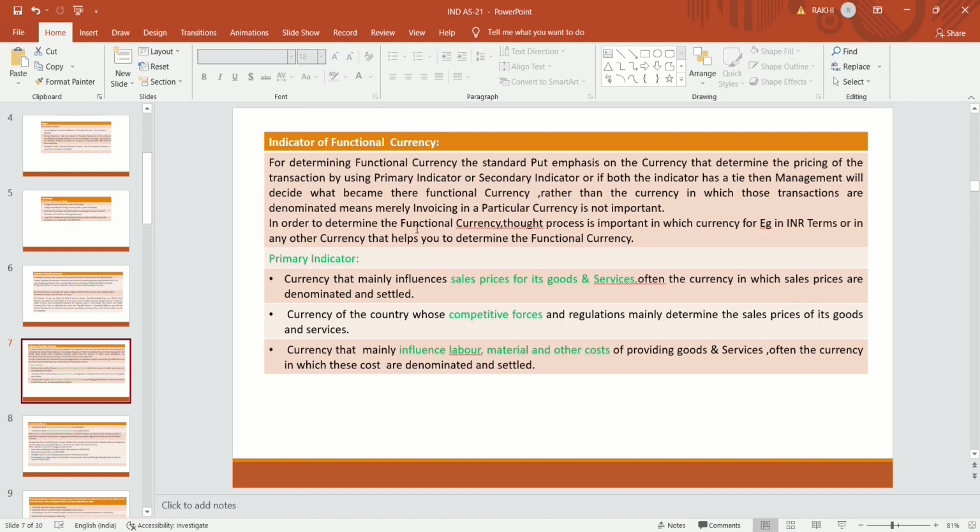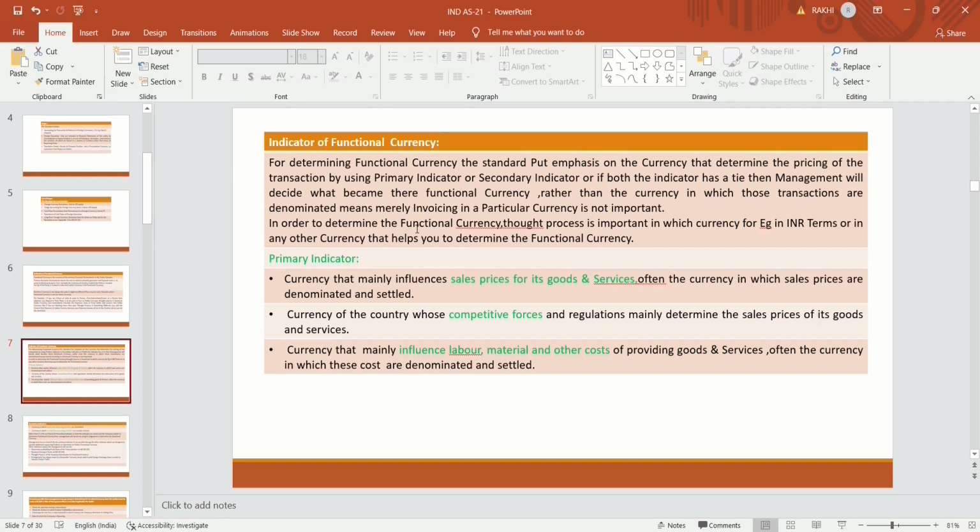For determining the functional currency, the standard puts emphasis on the currencies that determine the pricing of the transaction, using primary indicators or secondary indicators. If there is a tie, a clash between the primary indicator and the secondary indicator, then the management will decide what becomes their functional currency, rather than the currency in which those transactions are denominated.